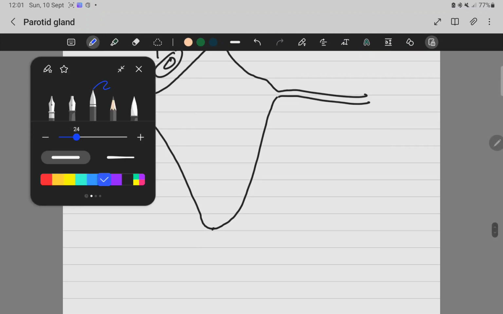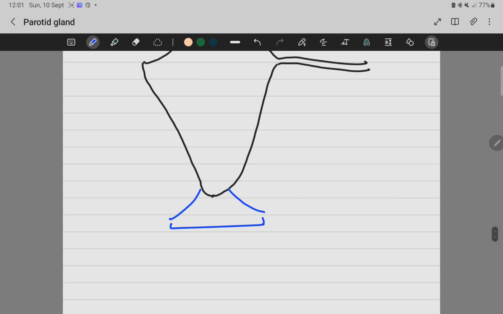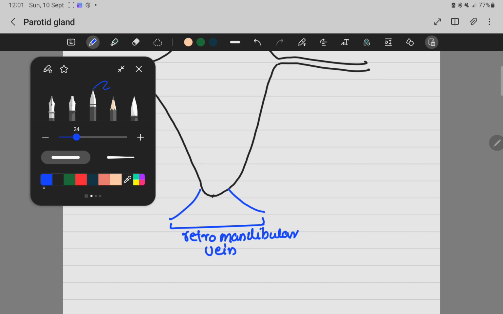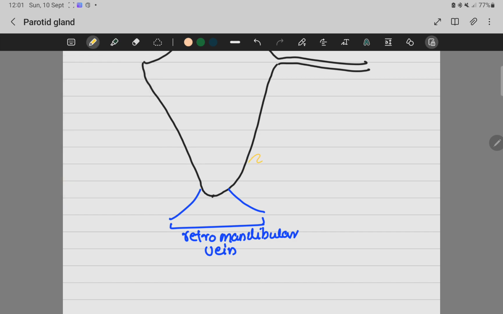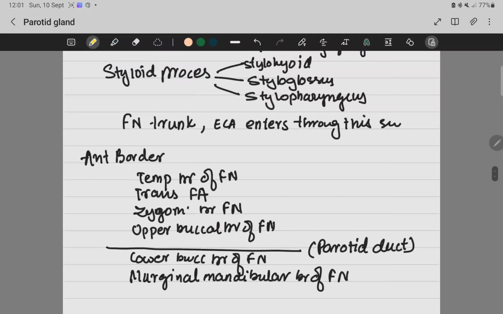So this is the posterior branch of retromandibular vein, the anterior branch of retromandibular vein. Then we have the cervical branch of facial nerve.